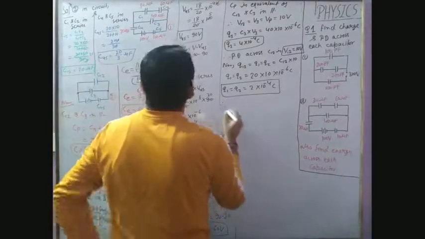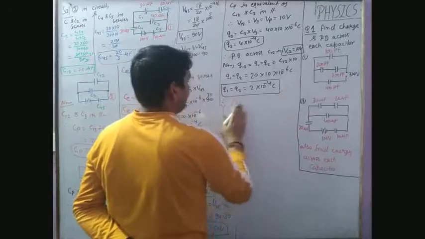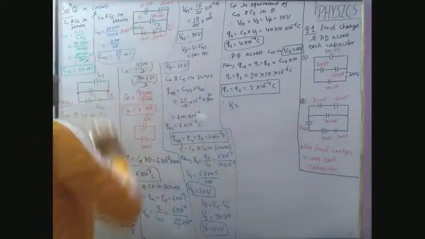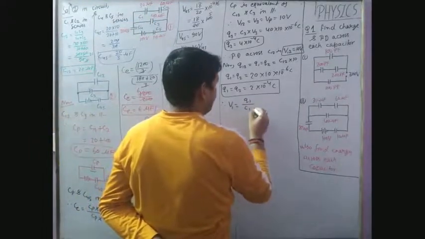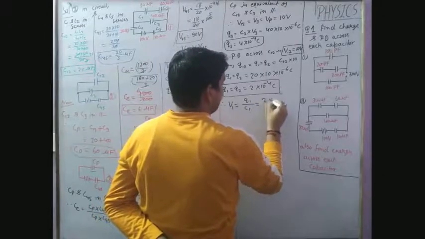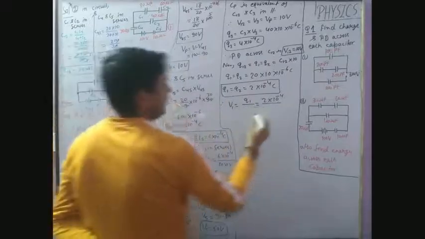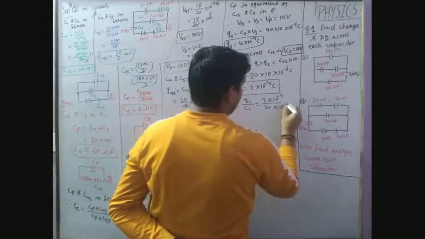Now Q1 is C1 V1, the potential difference across the capacitance C1 is Q1 upon C1, which is 2 into 10 to the power minus 4 upon 30 into 10 to the power minus 6.